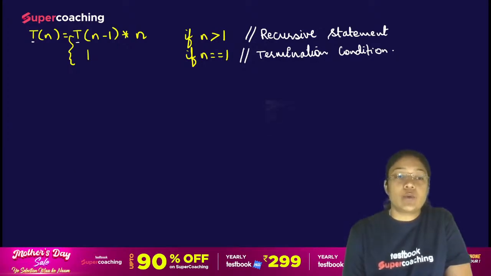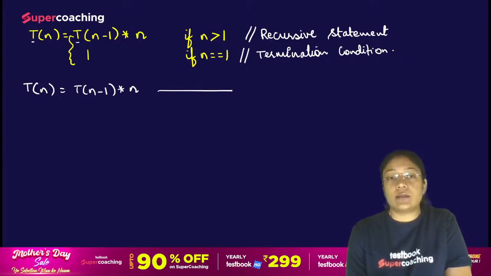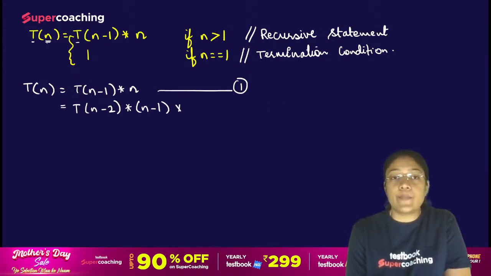Okay, just try to solve this question along with me. So T of n is given as T of n minus 1 into n. This is step 1. I need to substitute the value of T of n minus 1. So it will be n minus 1 substituted. If it was n, then we were getting n minus 1. Here we'll be getting n minus 2 into n minus 1 into n.